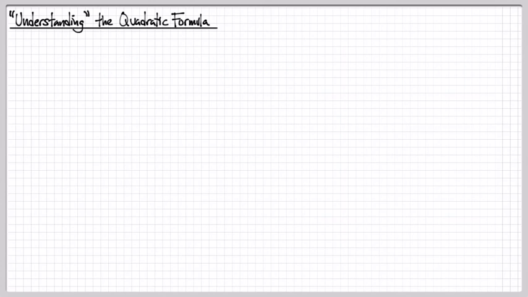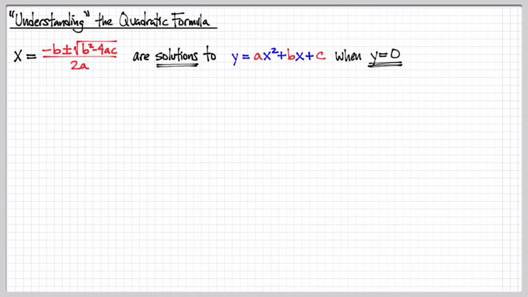Okay. Now, I want to bring some understanding that we can see from the quadratic formula. These are the solutions to this equation here, when y is equal to 0.